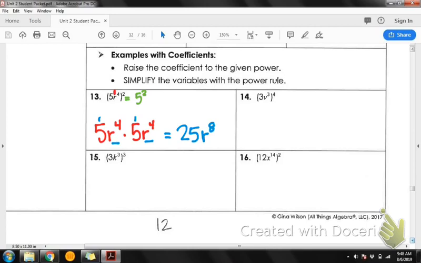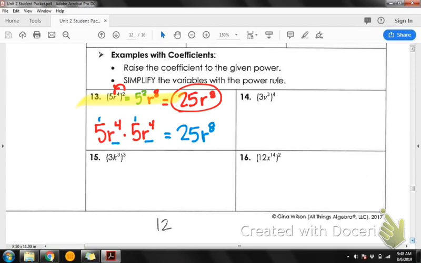So this 2 is 2 times 1, which is 5 squared. And then r to the 8th. But what is 5 squared? 25 r to the 8th. I want you to be able to do it this way, because the second way is going to be a little bit crazy if you have something raised to like the 12th power. You're not going to write that down 12 times.